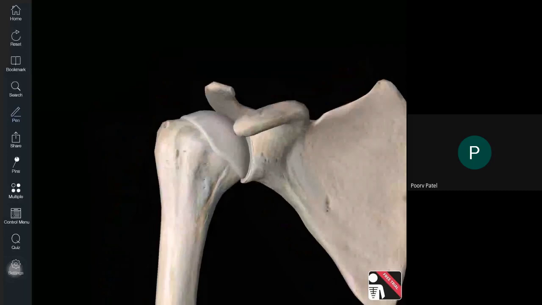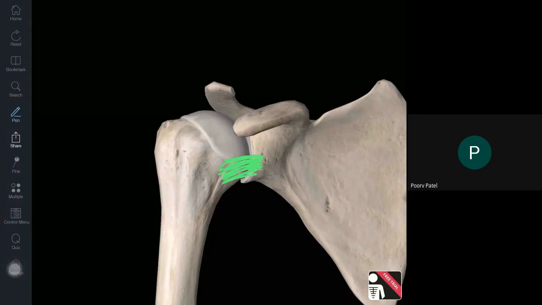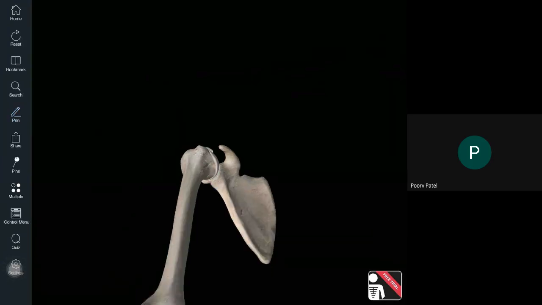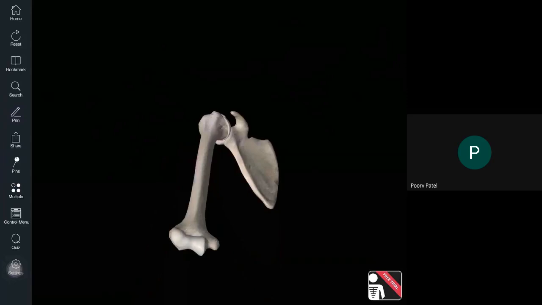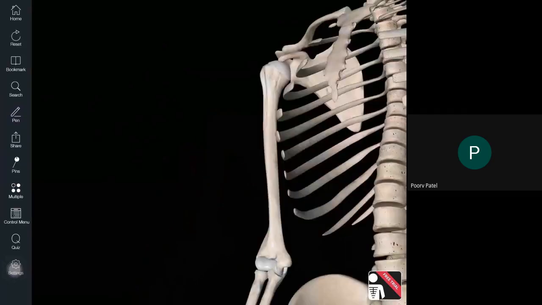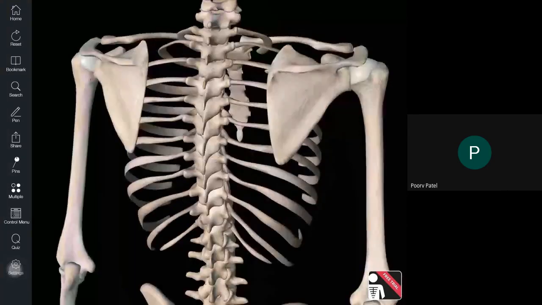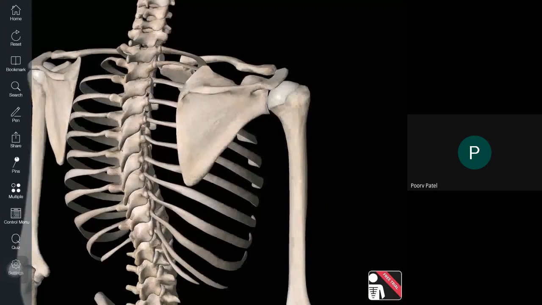So this is the anterior band, and the inferior band will be somewhere here. Clear? This is the inferior band, and the posterior is somewhere here.